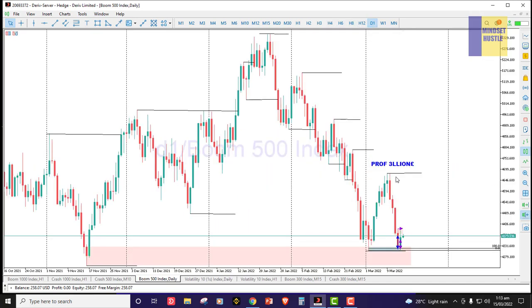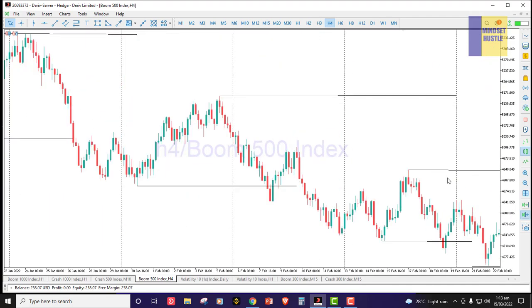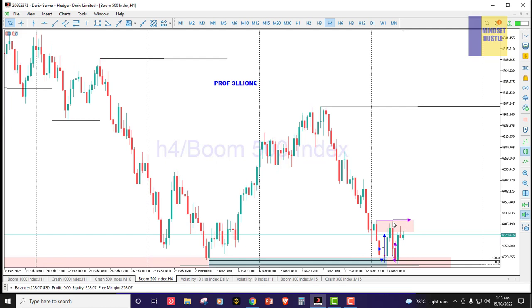I told you we will trade between them, and then from there we went down to H4, and I told you that H4 has a supply zone here, and we have a daily demand zone, and within that we have an H4 demand zone as well. Because we have a zone in zone, that zone is quite strong.